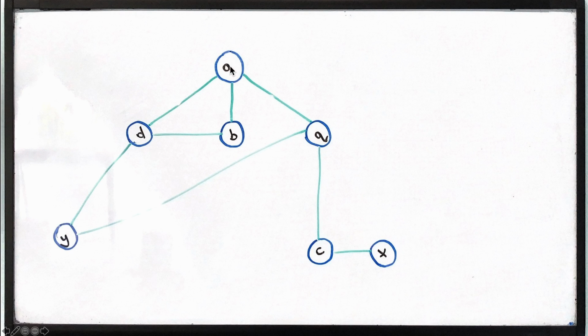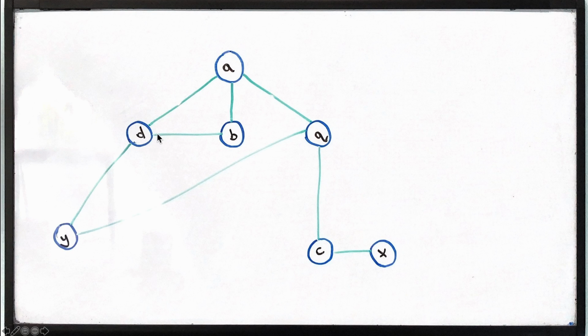So here, A is a parent of D, and so that means D must be a child of A, and A is also a parent of B and Q. But A is not a parent of Y. A is an ancestor of Y. If you want to call it a grandparent, you could, but let's not complicate things. And so equivalently, you can say that Y is a descendant of A, but it's not a child of A.